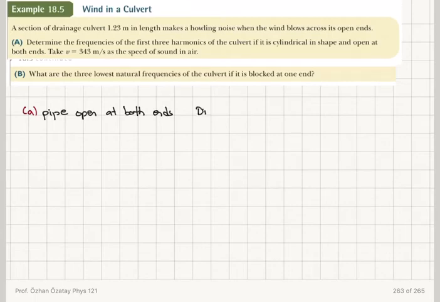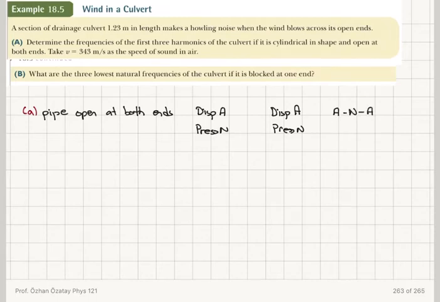I have a displacement antinode on each of the two ends, because I have a pressure node on each end. So these are the boundary conditions for the endpoints.